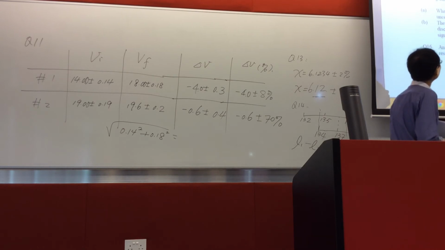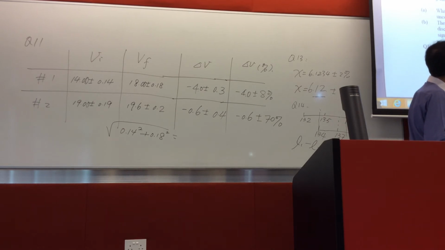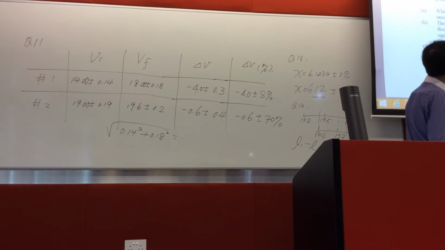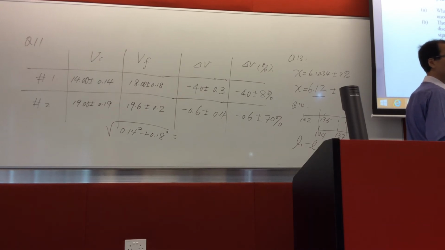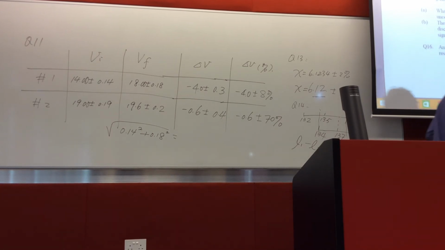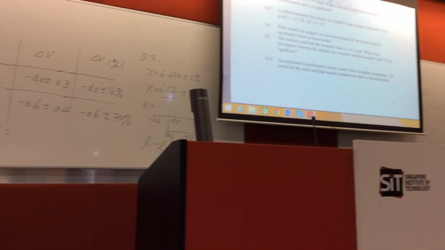Then the student is told the correct value is 1.85. Is the discrepancy significant in this case? It's not, because 1.85 is within this range. It's all right.